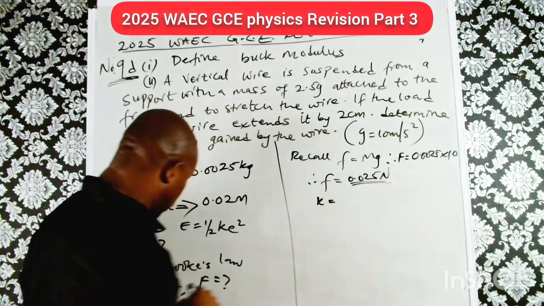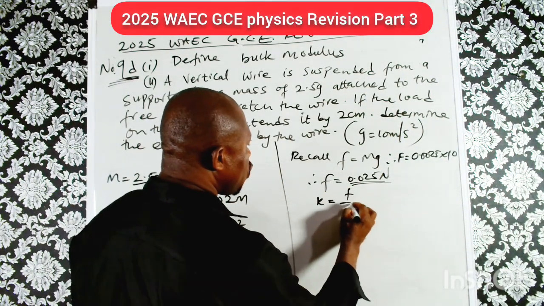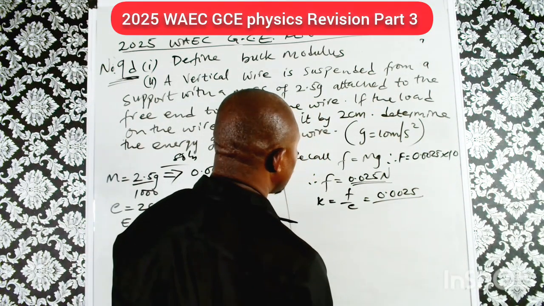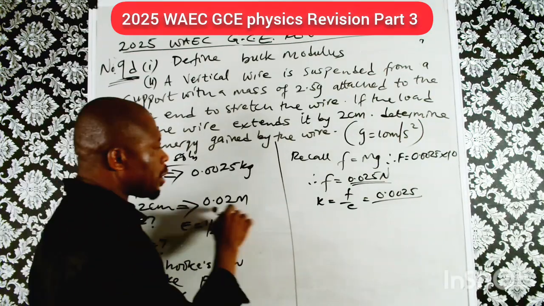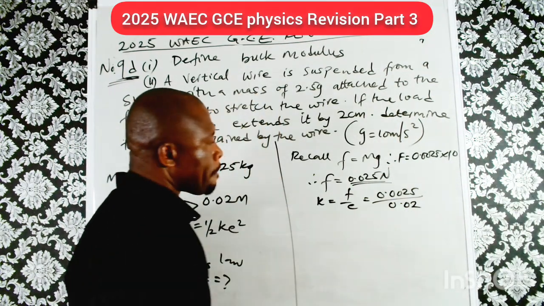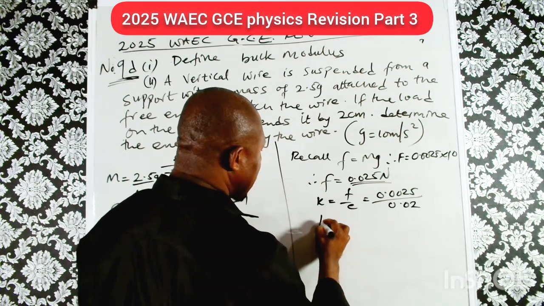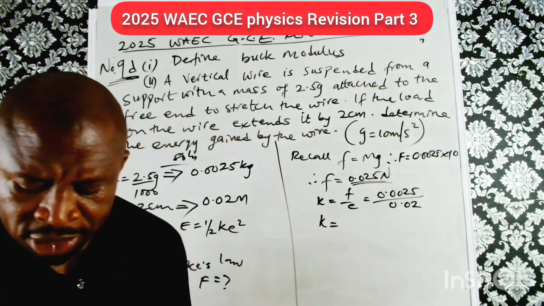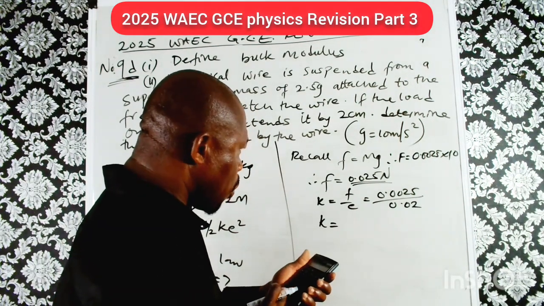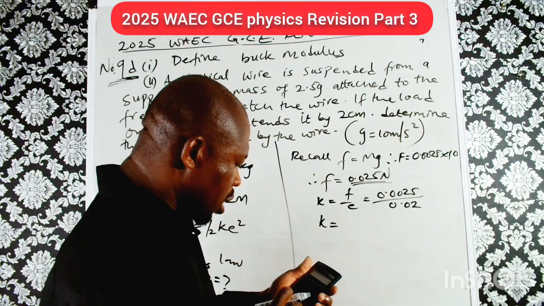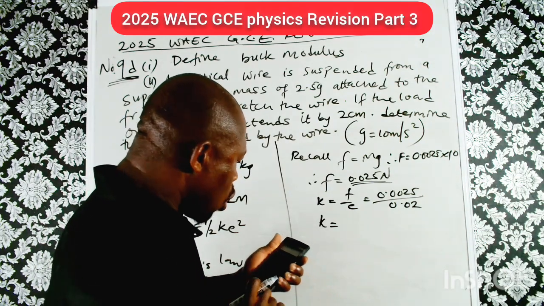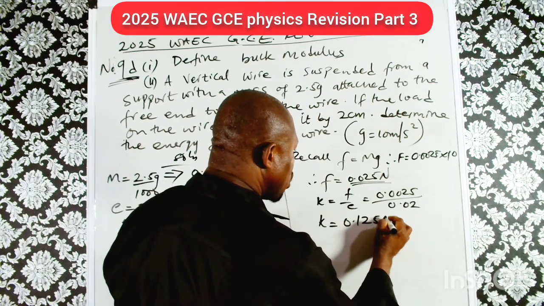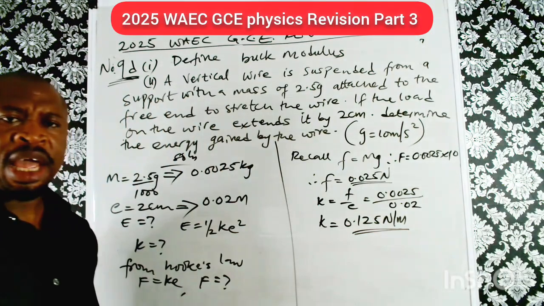K is F over e, which is 0.0025 all over the extension, 0.02. If we do that division, K is 0.125 Newton per meter.